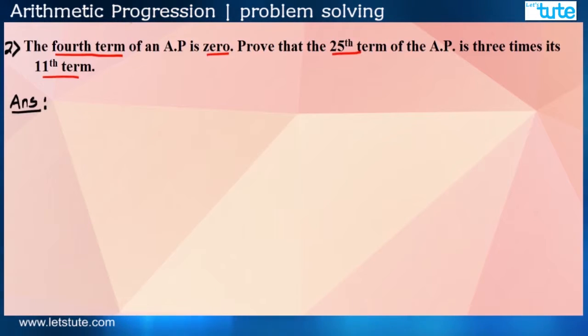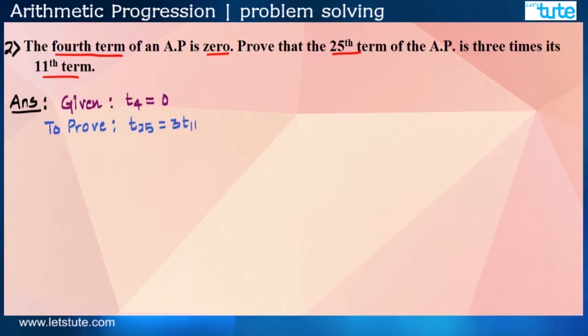Now first of all, write the given part. So what is given to you? Given is the fourth term is 0. So simply we can write T4, we represent T4 as the fourth term in the AP, this is 0. And we have to prove that T25, the 25th term, is 3 times T11.